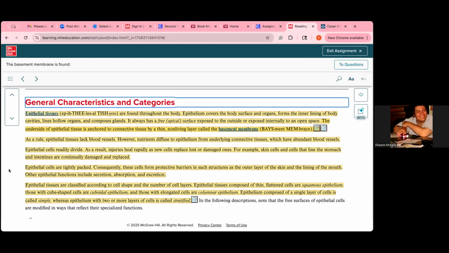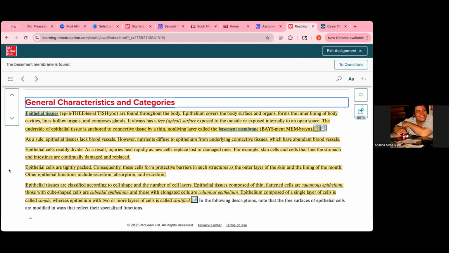The underside of epithelial tissue is anchored to connective tissue by a thin non-living layer called the basement membrane. So the basement membrane is on the underside of epithelial tissue, between the epithelial and the connective tissue.